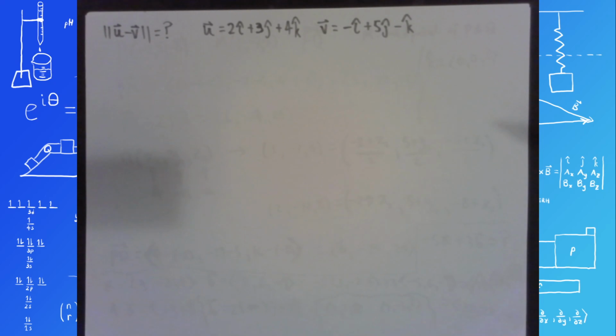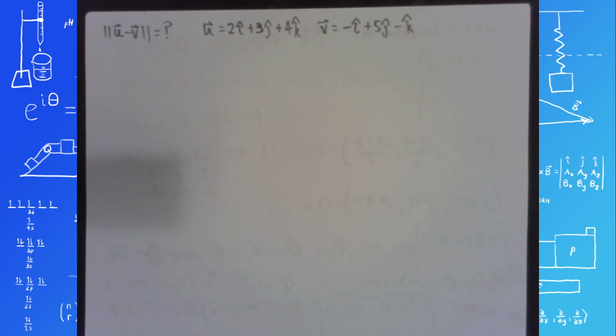Anyway, I'll just continue with this problem and I'll look again and see if you have any questions posted once I'm done with it. So, where were we? Right, I wrote down vectors u and v, so I guess now we need to find u minus v.